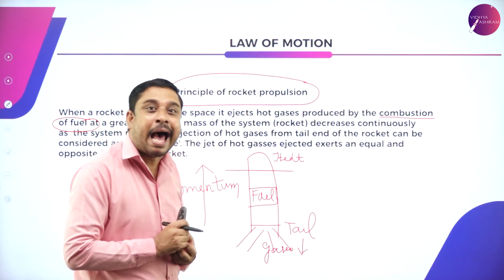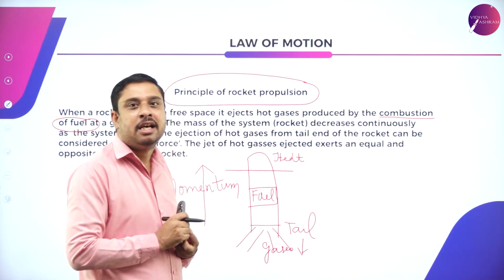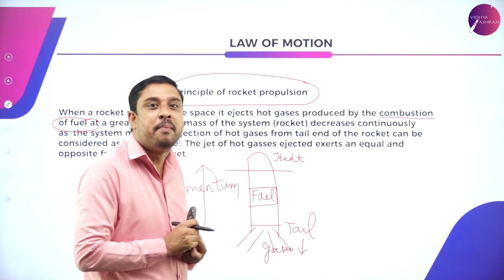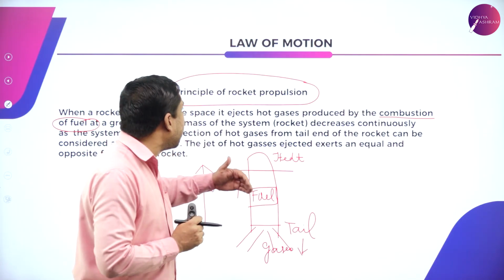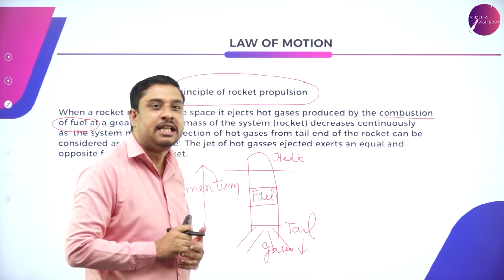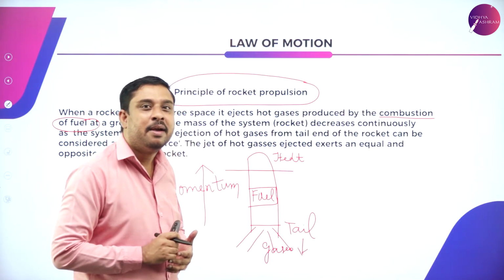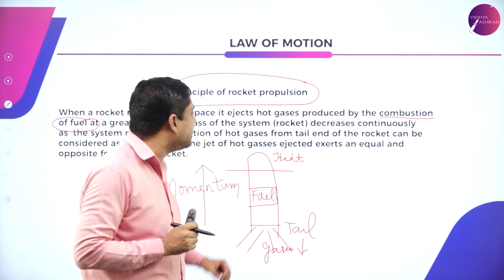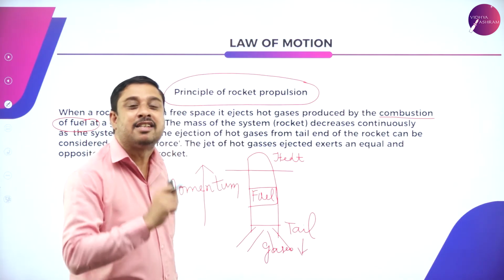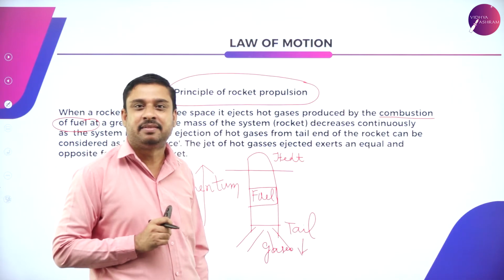This happens so that the rocket gains momentum in the opposite direction and can place itself in the outer space. But again, if you observe the mechanism, there is a classical failure here.